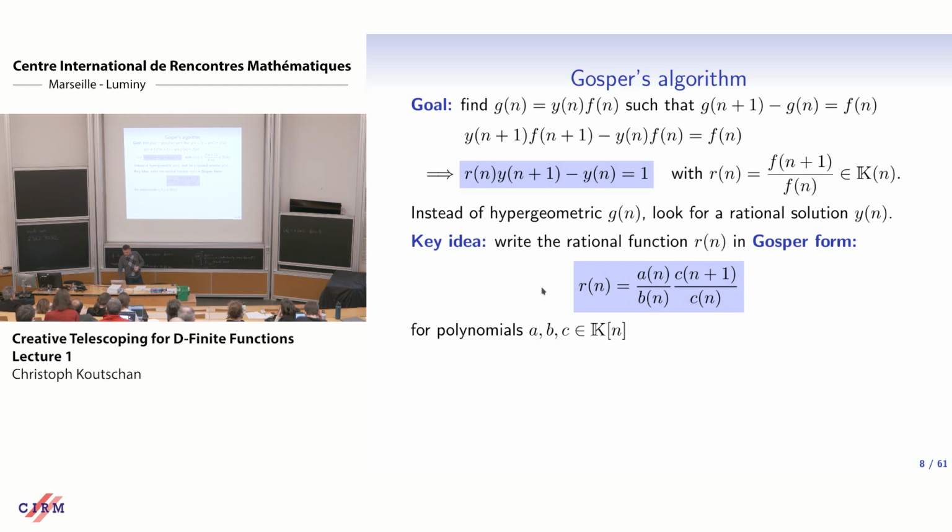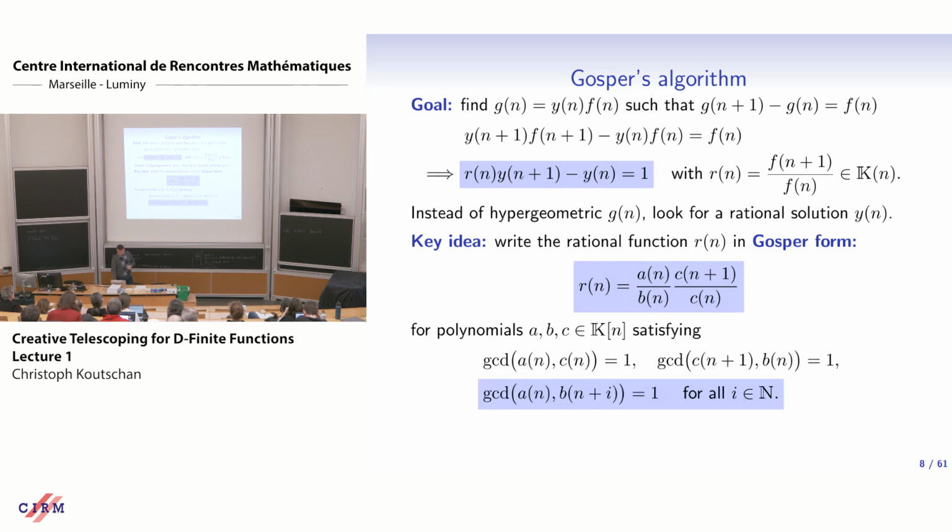So this r of n, we want to write it in this so-called Gosper form. That is a quotient of polynomials a of n divided by b of n, and then another polynomial c, which appears shifted in the numerator and unshifted in the denominator, subject to certain GCD conditions.